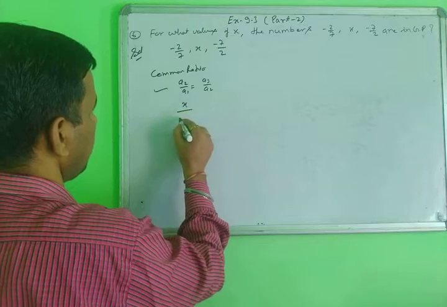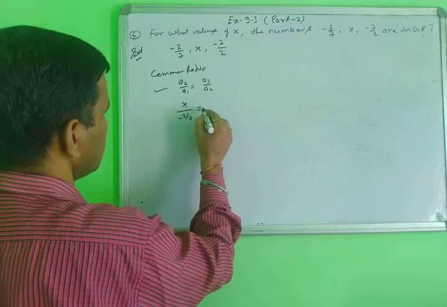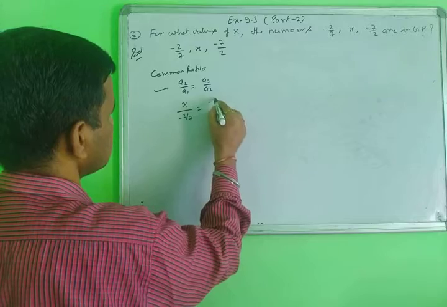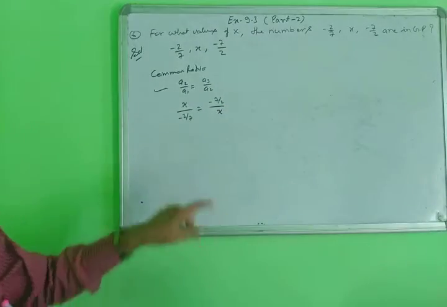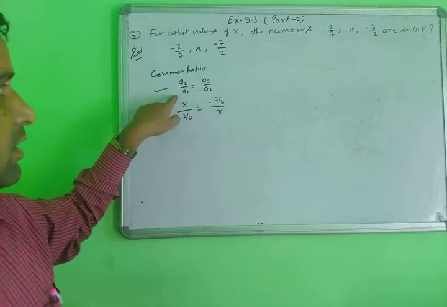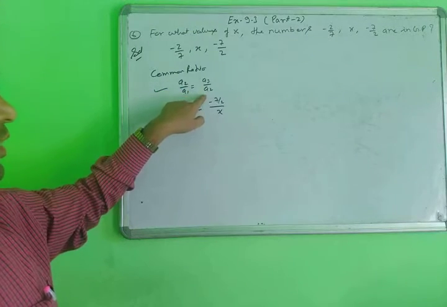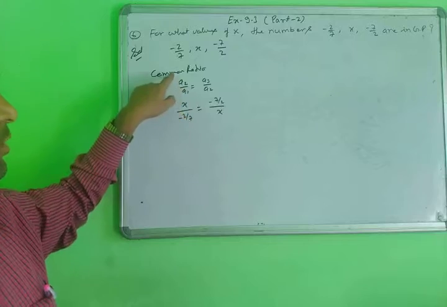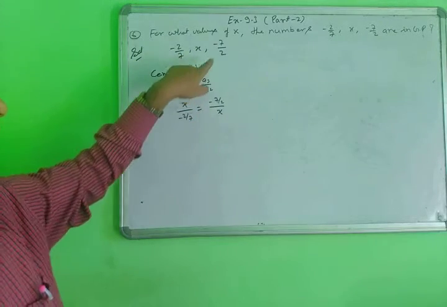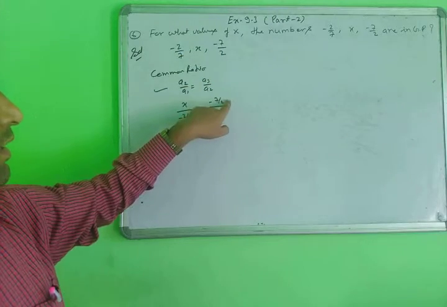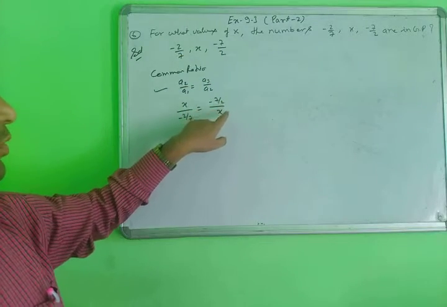x upon minus 2 upon 7 equal to minus 7 upon 2 upon x. A2 upon A1 equal to A3 upon A2. Putting the values here: A2 is x, A1 is minus 2 upon 7, A3 is minus 7 upon 2.